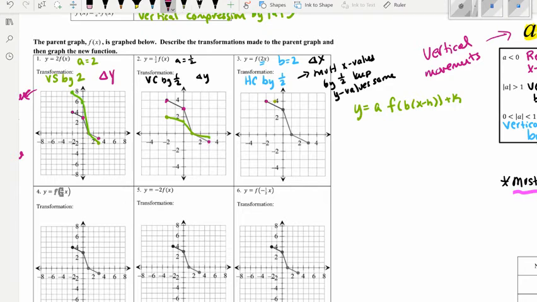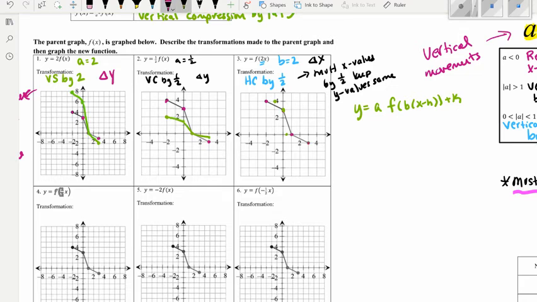Here we have an x value of 0, so that stays on 0. Here we have an x value of 1, so 1 divided by 2, or 1 times a half, would be a half. And I should have said negative on the other side, so sorry. So that would have been negative 2 times a half would be negative 1. And then looking at this last point, we have 3.